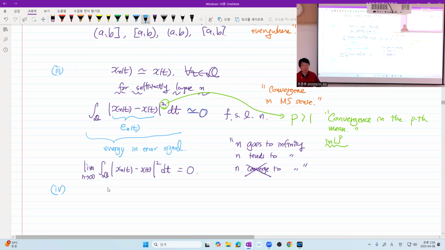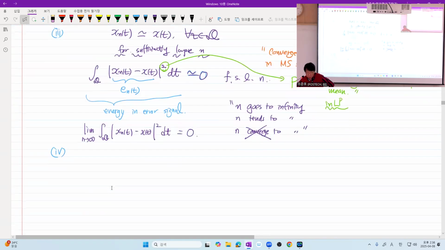The fourth one, which is also useful, is the convergence in measure. And the idea is like this.